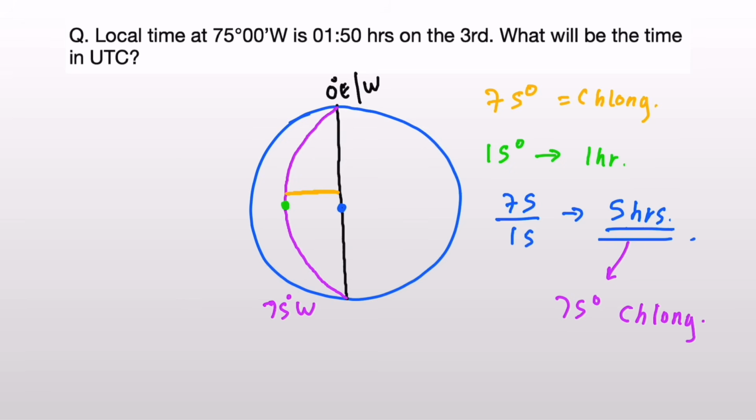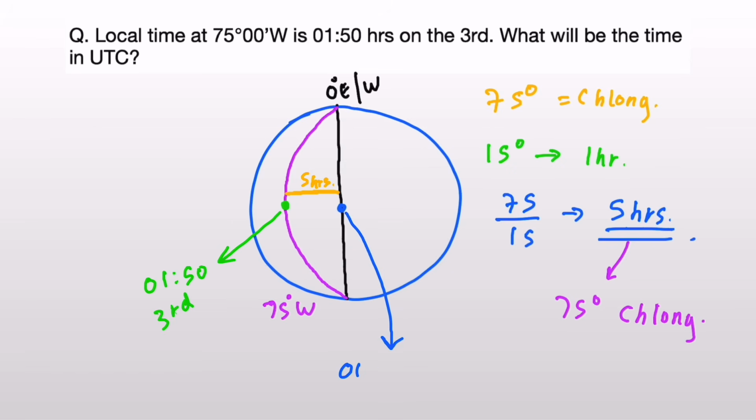Now we know that the time on this longitude is 1:50 and the date is 3rd. We found the time difference, which came out to be 5 hours. Now the blue place is towards the east. That means that place will be ahead in time. It got the sun earlier. So what will be the time at the Greenwich meridian?